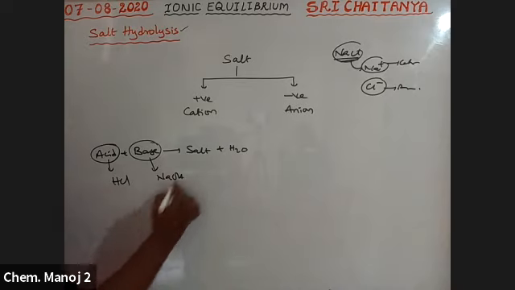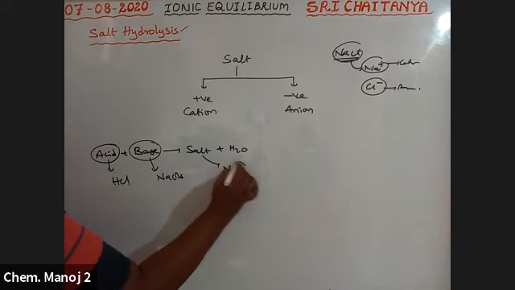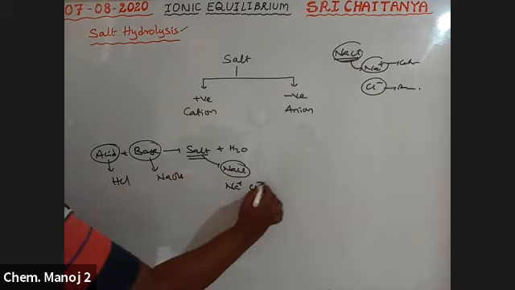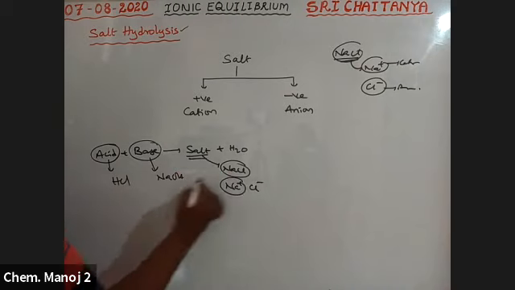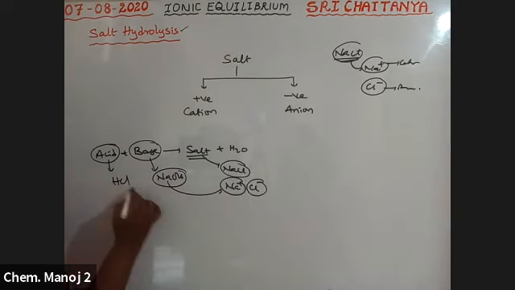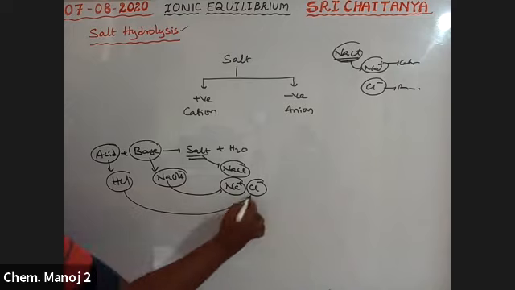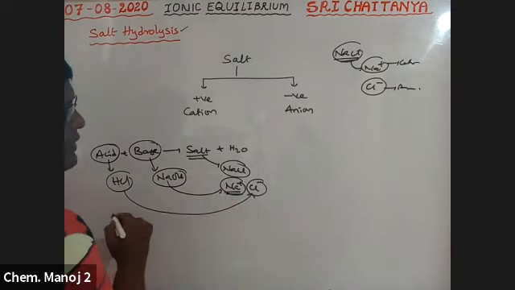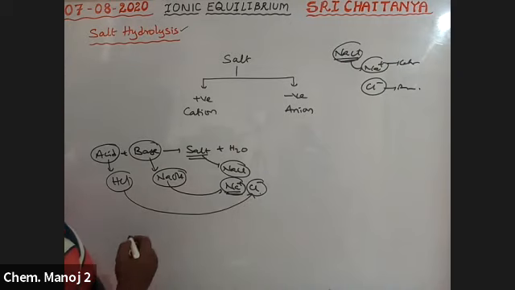If these two react, they give NaCl and water. In the salt there is Na+ ion and Cl- ion. The Na+ ion is from the base, and the Cl- ion in the salt is from the acid. That means the cation comes from the base and the anion comes from the acid.